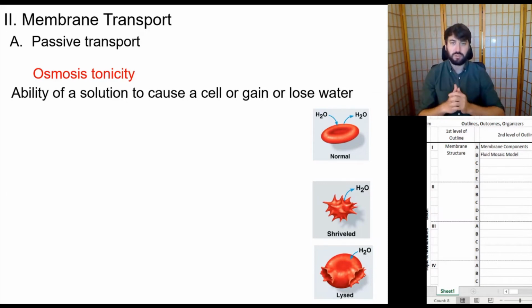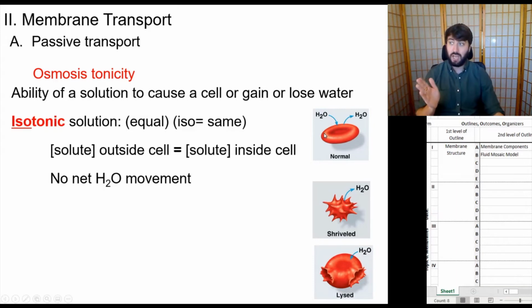It's a little confusing, but maybe we can work through scenarios. So a cell, for example, can be isotonic, where the solute outside the cell and the solute inside the cell are at equal relative levels, right?